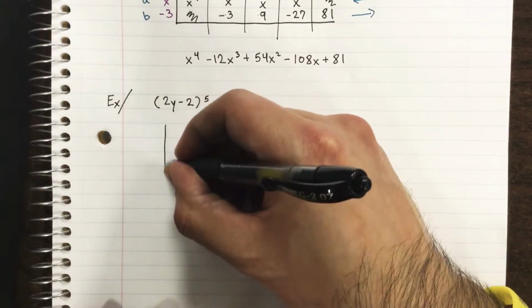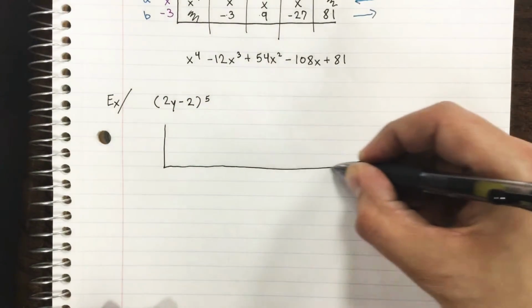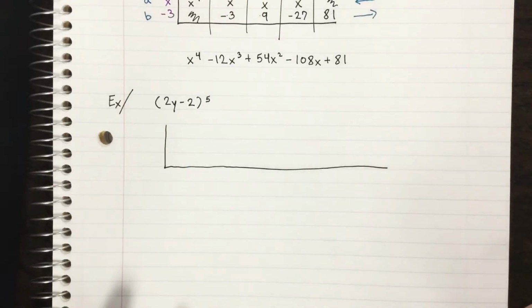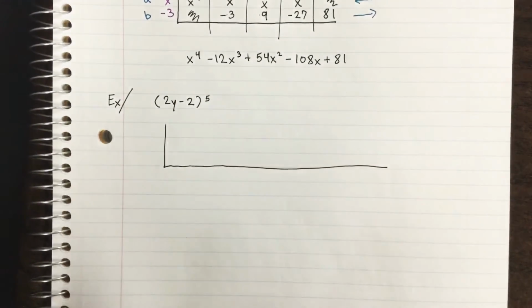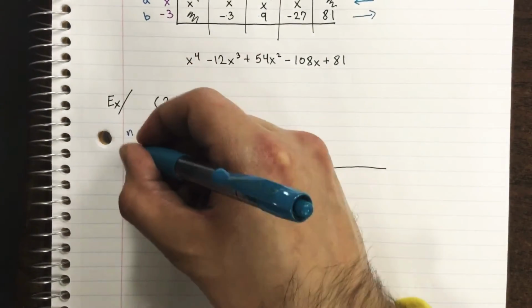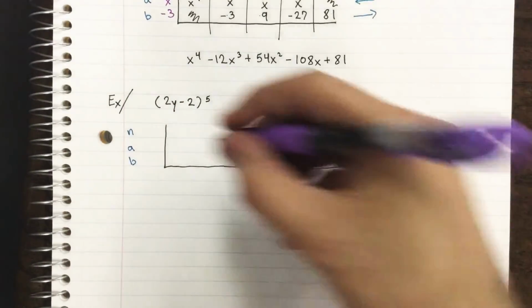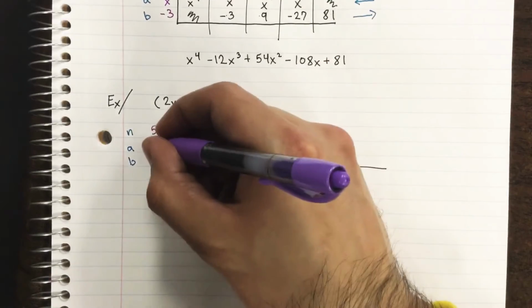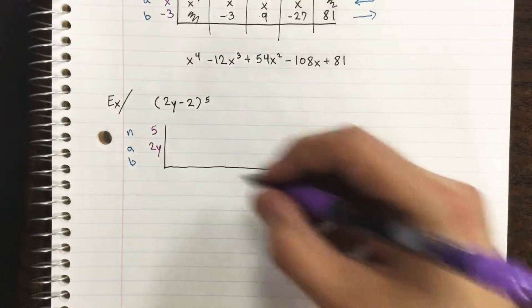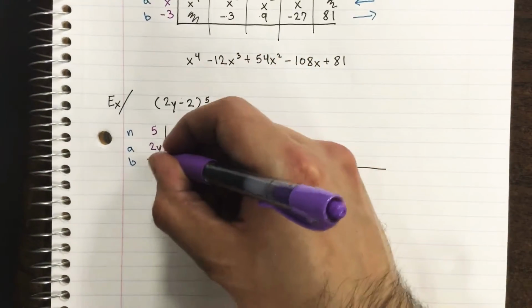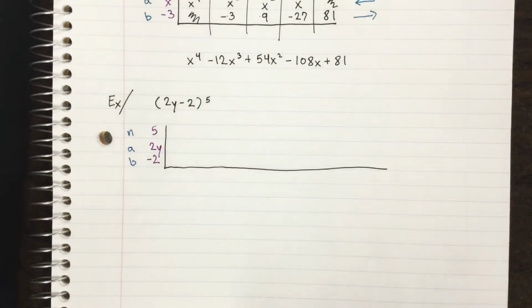So I still go 3 down. I make it a little bit longer because I'm going to have 6 terms, right? So remember that this is your n row, a row, b row. So your n is 5, your a is 2y, and your b is actually negative 2. Okay?